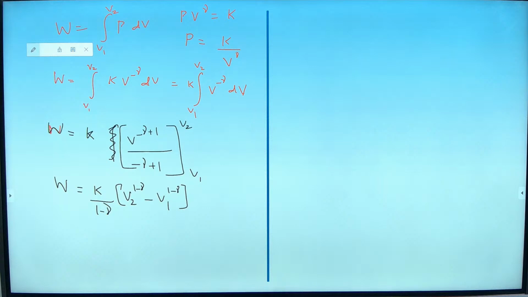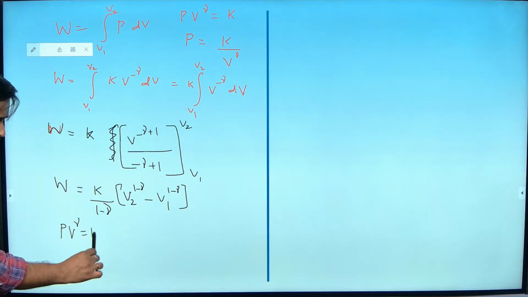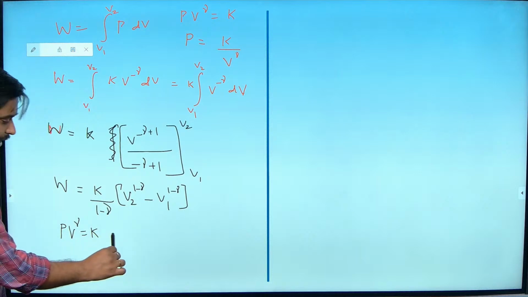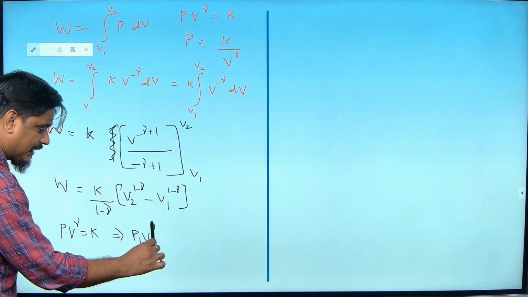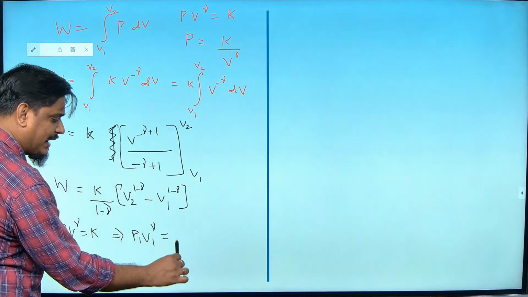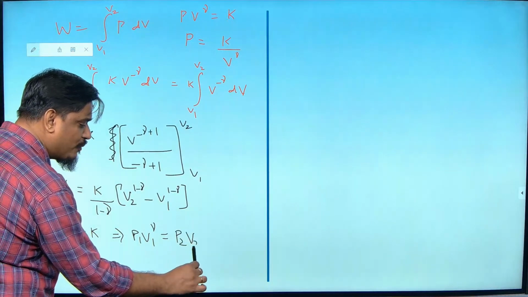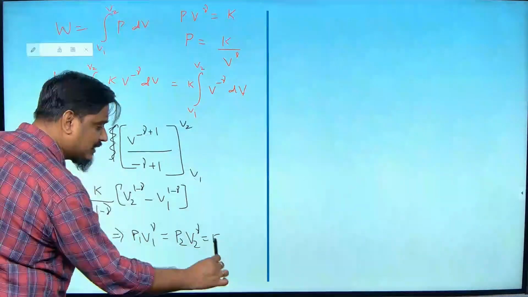Anybody has a problem up to here? No, sir. I already told you PV power gamma is a constant. I can write this as P1 V1 power gamma, or as P2 V2 power gamma, that is a constant.